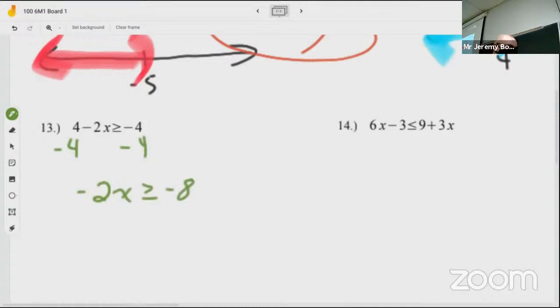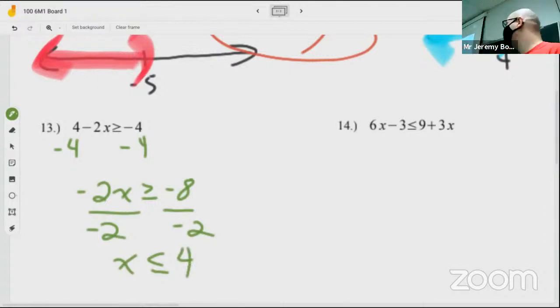Now there is the other option where you could move the 2x and then move the -4. Either way works, but this is less steps the way that I'm going about it here. And we want to isolate the x, so we're going to divide both sides by -2. When we divide by a negative, though, the inequality is going to switch from greater than to less than, so we're going to end up with x is less than or equal to 4.